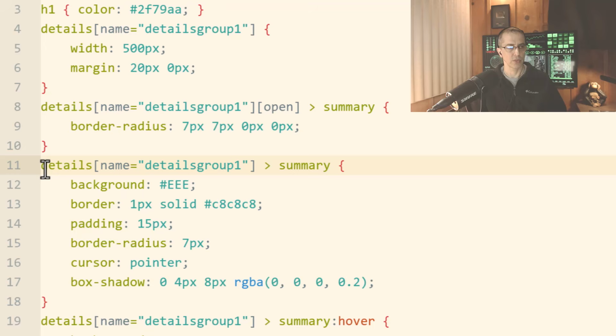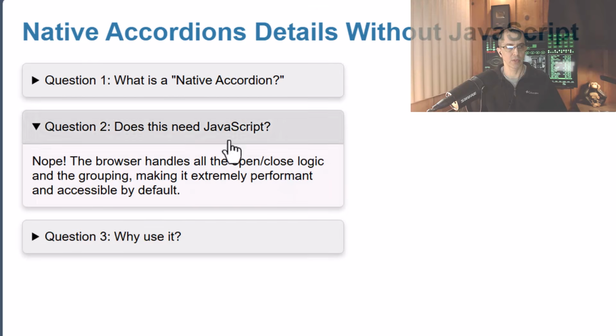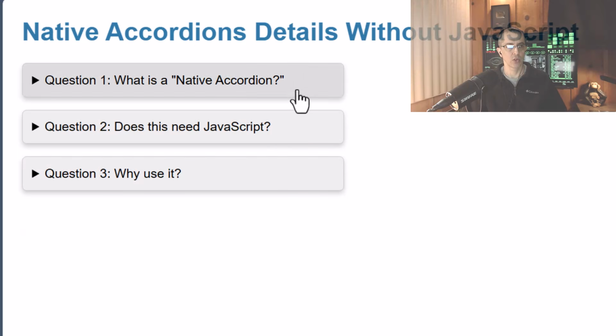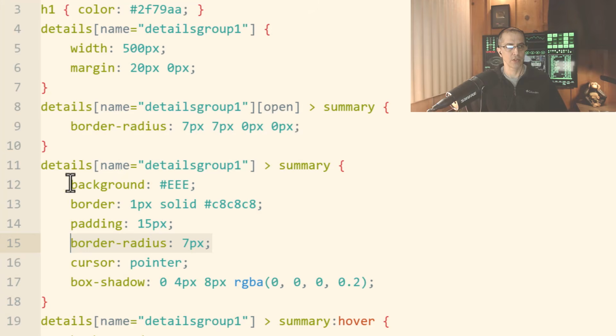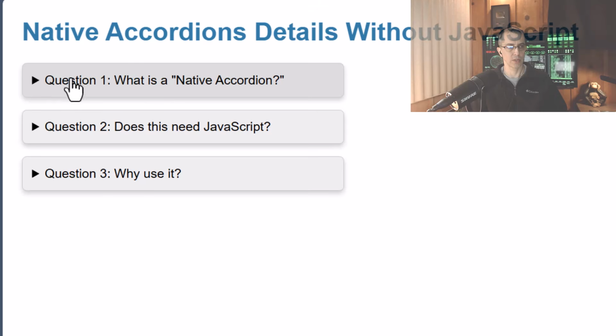Now the next style rule is details name group, all of the summary elements. And here's that border radius. So each summary element has a border radius of 7 pixels, and that's why they all look rounded by default on all 4 corners. Each summary element has a light gray background, a little bit darker than the light gray border of 1 pixel, padding of 15 pixels, that way they have some space inside the box.